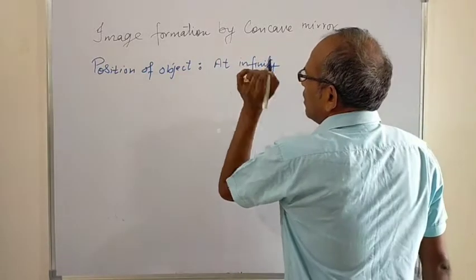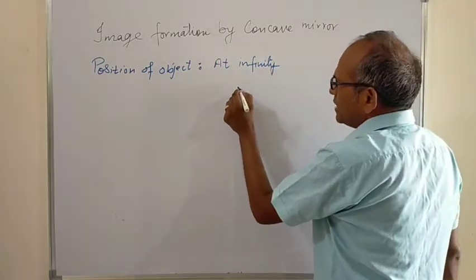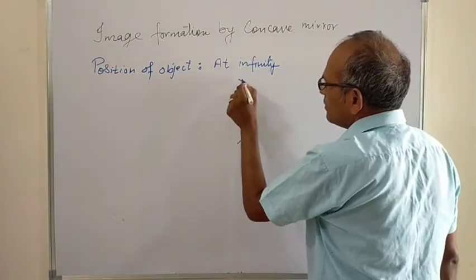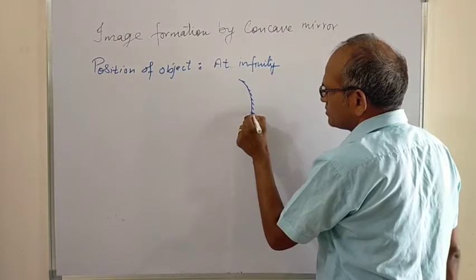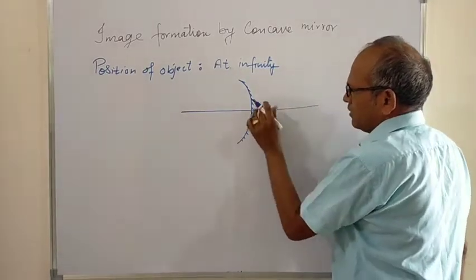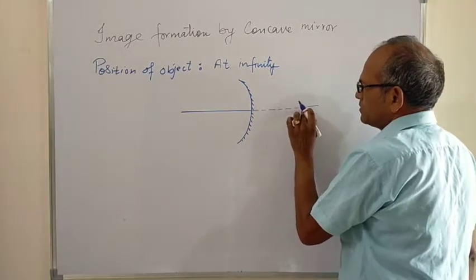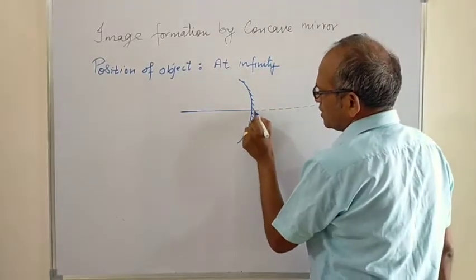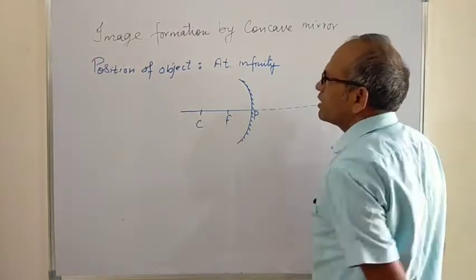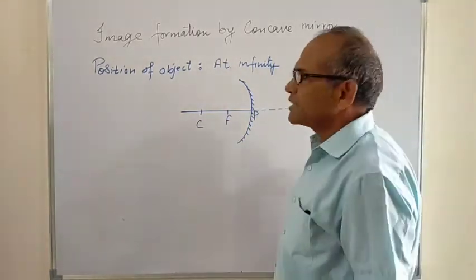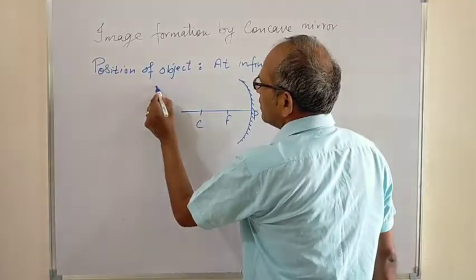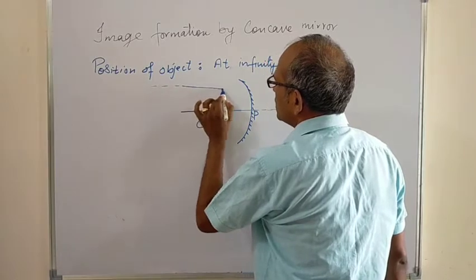For this, I take one concave mirror. I draw the principal axis. This is the pole, this is the focus, and at equal distance you mark the center of curvature. The object is at infinity, so rays of light will be coming parallel to each other.